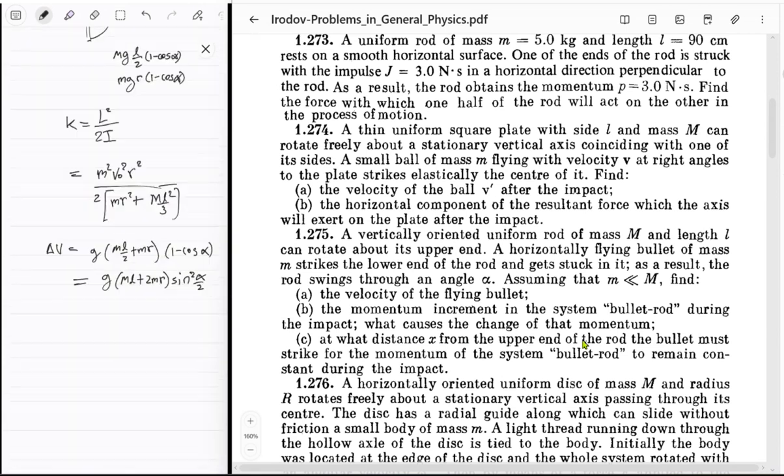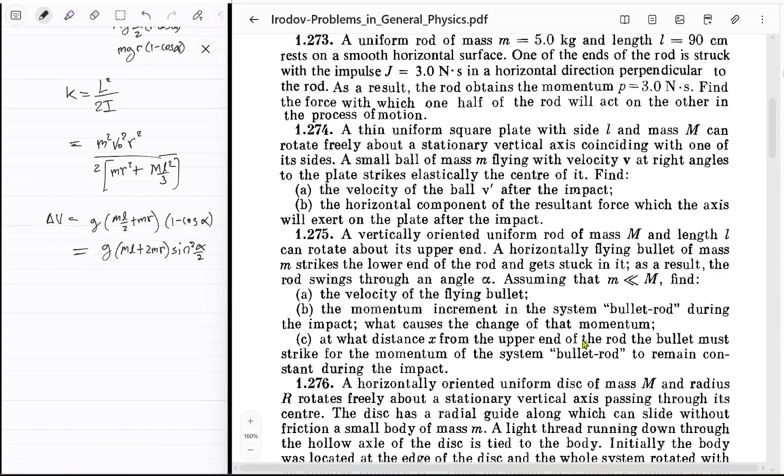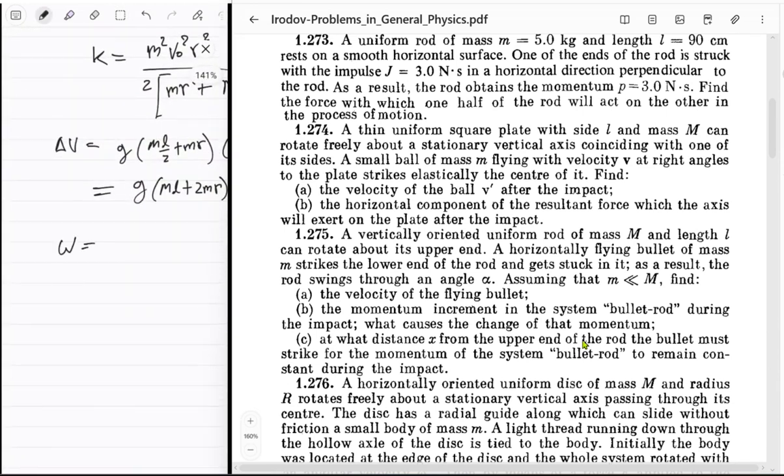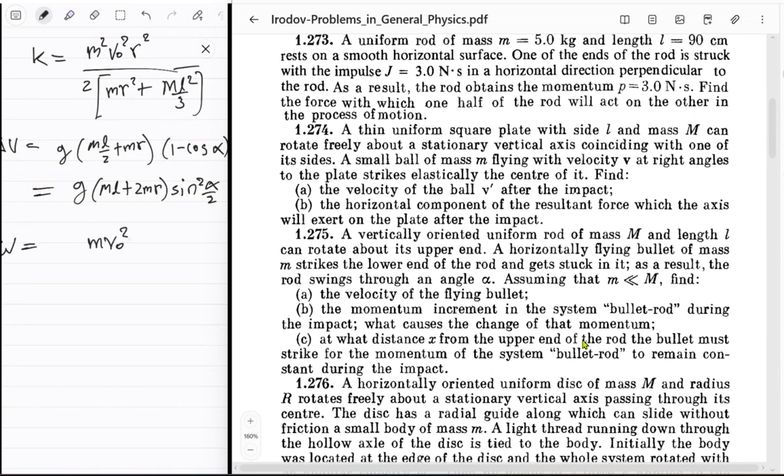So you got angular momentum. From there you can figure out the angular velocity, and then finally get the total linear momentum, right? Okay, so you got delta U and delta K. We don't care about that really. So what's your omega finally? It's just L, which is m v naught r, upon the inertia, so m r squared plus m l squared upon 3.